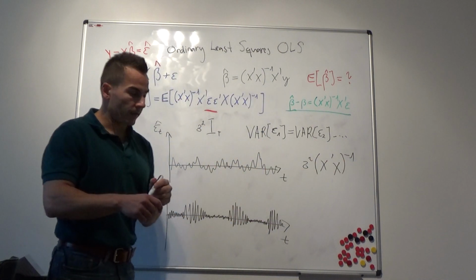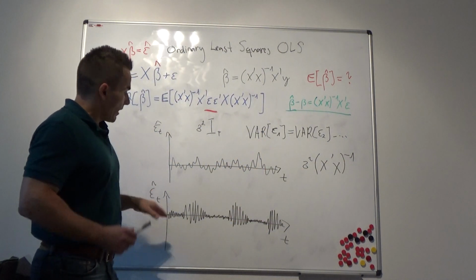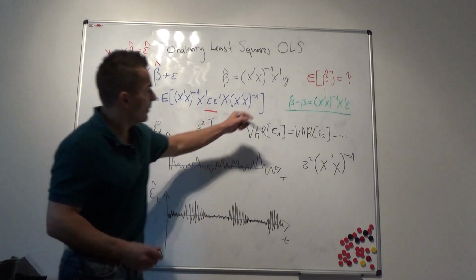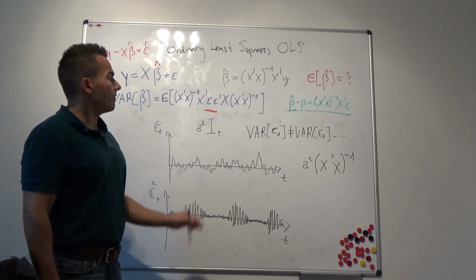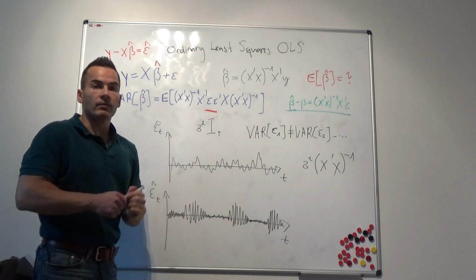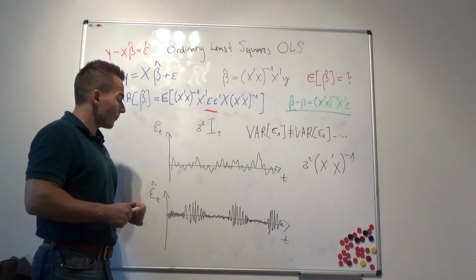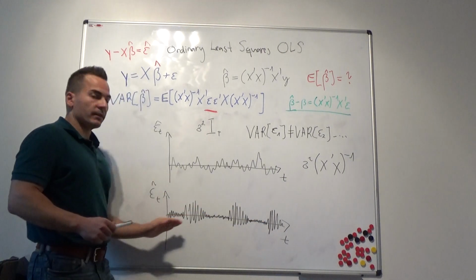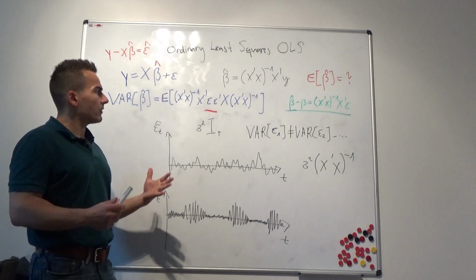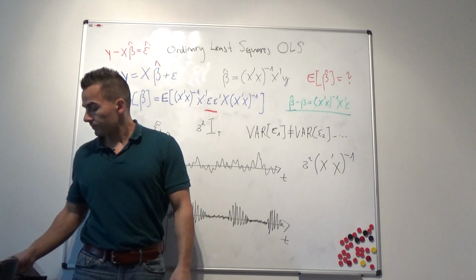Only then can we do that. But what we have here in the second graph, the variance of epsilon 1 is unequal to the variance of epsilon 2. We have so-called volatility clustering. So the question arises, what do we do then?